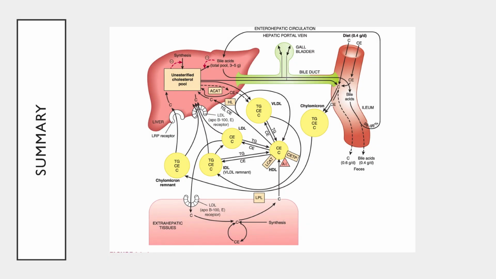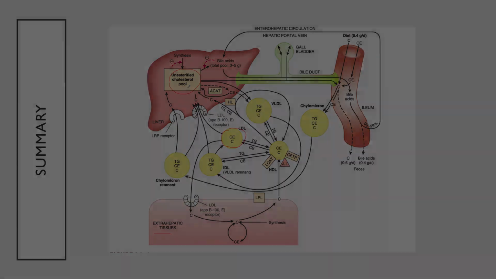So to this figure here, we've added on the role of LDL in influencing the pool of cholesterol within tissues. So again, LDL can be taken up by peripheral tissues and will influence the intracellular pools of cholesterol here, and it will also influence the synthesis of cholesterol. And it will do so in extrahepatic tissues as well as in the liver.